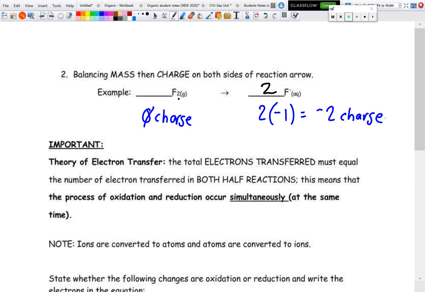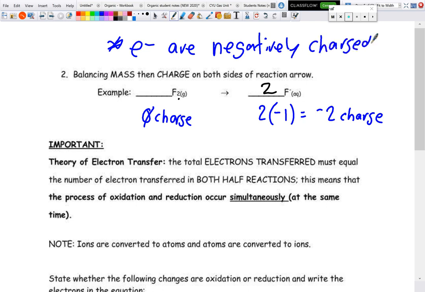Now I can only add electrons, and electrons, remember, have a negative charge. So when I think about where I need to put the electrons, if I add the electrons on my product side, this side's going to get more and more negative. So I need to add specifically 2 electrons on my reactant side.